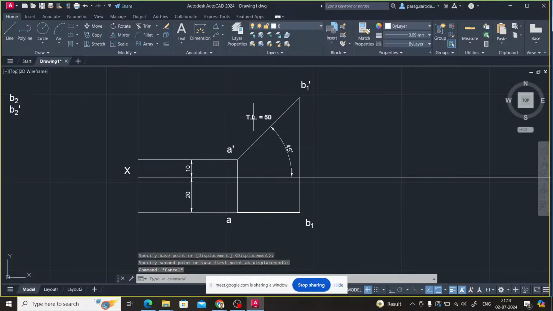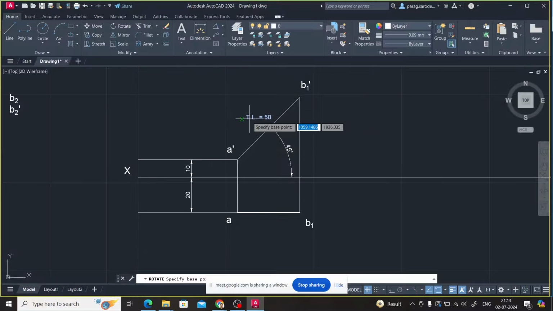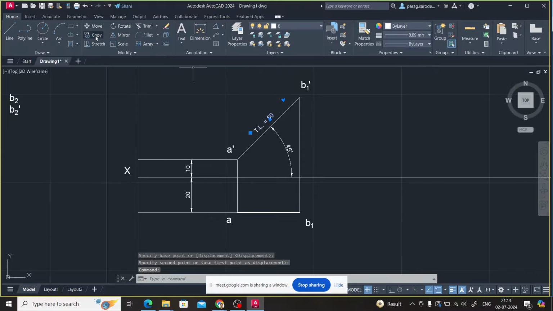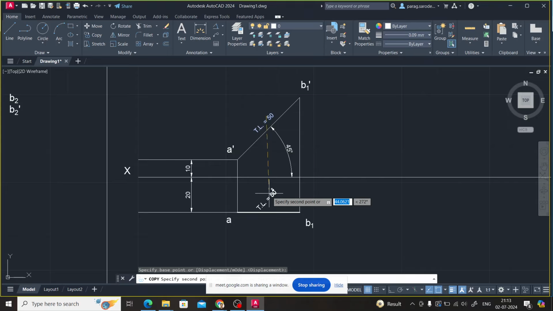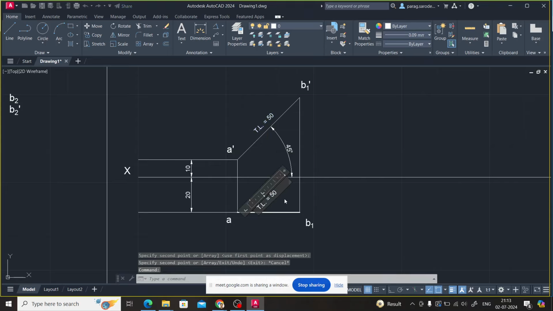If I have time, then I will rotate it by 45 degrees like this, and move it closer like this. Okay, sir. And copy here. This will be the top view.